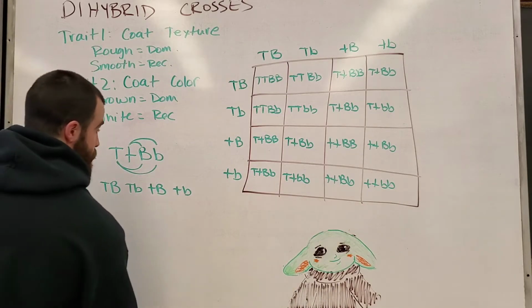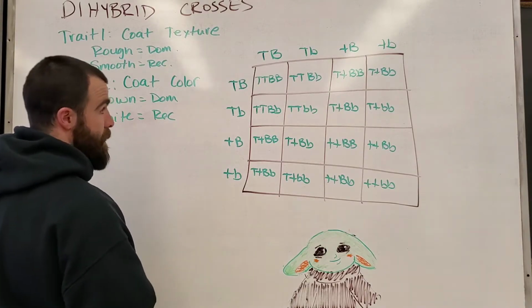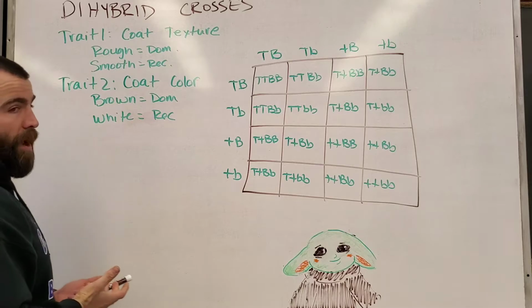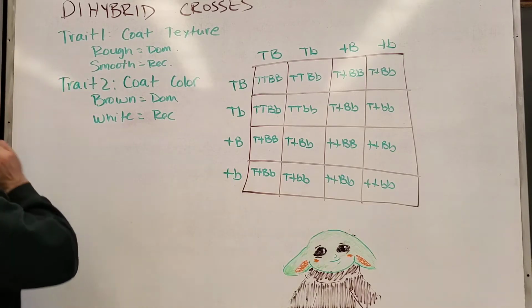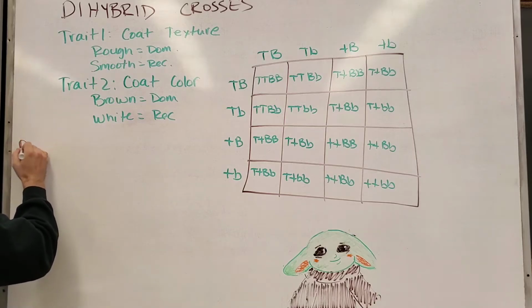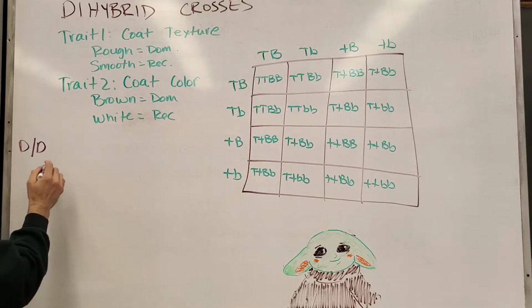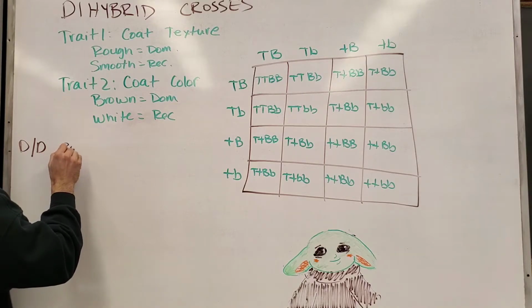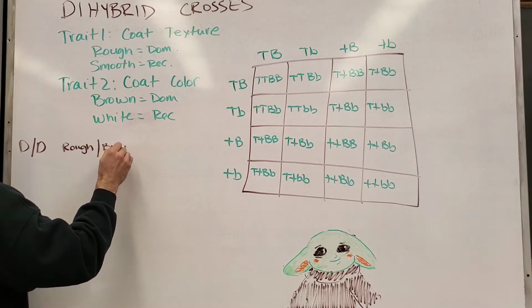Okay, so now that our square is filled in, the next thing we need to do is determine the possible combinations of phenotypes that these parents can produce. We're going to do the dominant trait, first trait dominant paired with the second trait dominant. That is going to be a rough coat with brown fur.